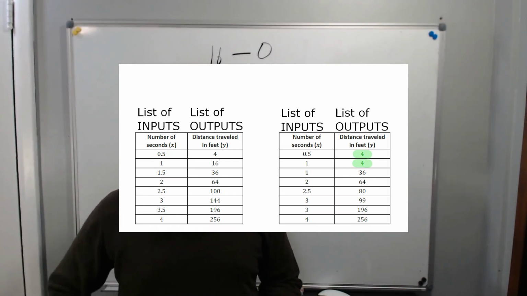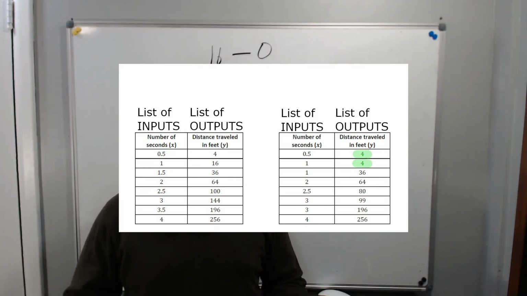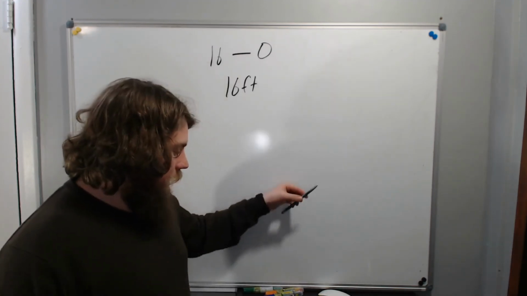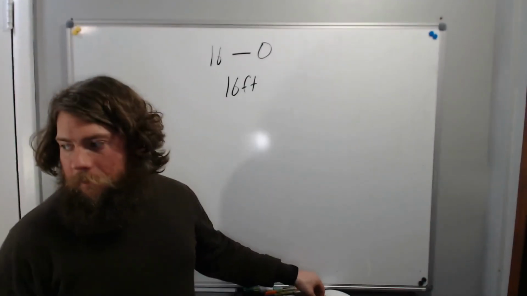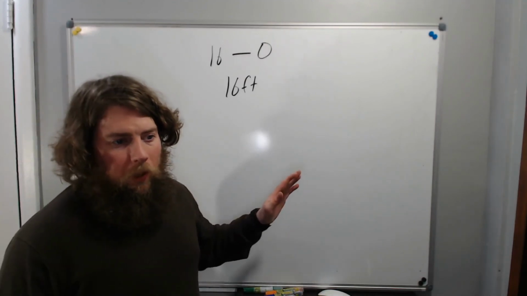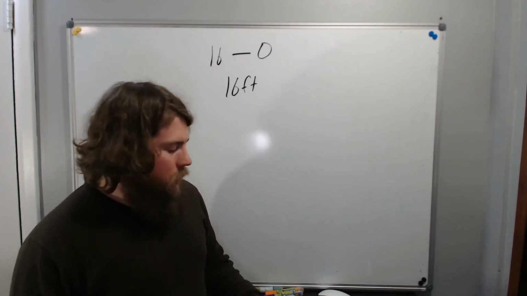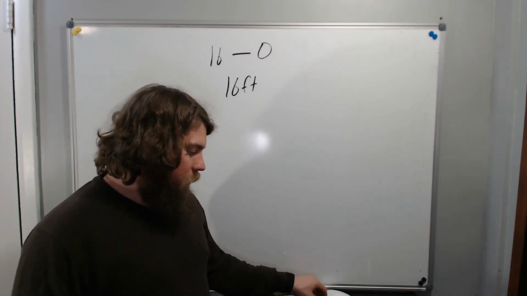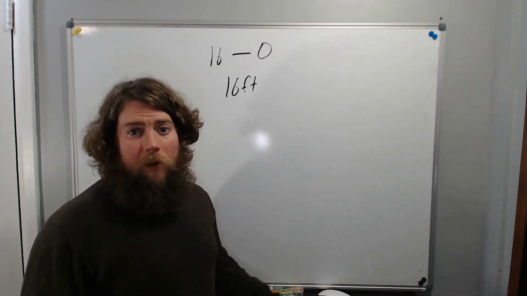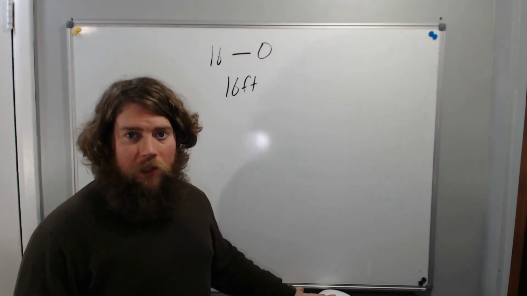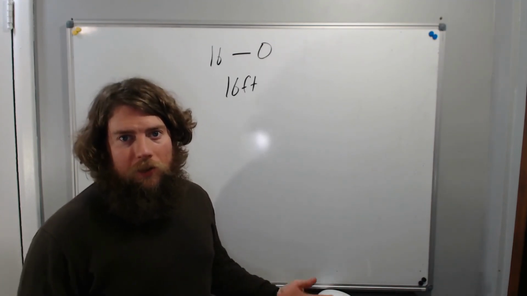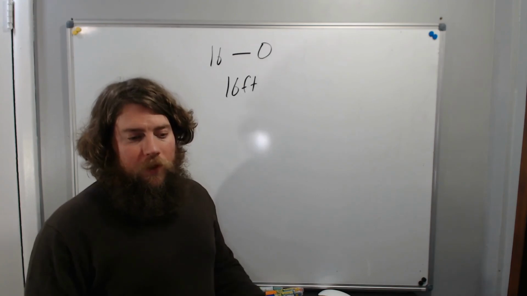Just like in the example from last time where we were dropping something. At 4 seconds, it hit the ground, but time still keeps going. So you could say that it has gone 256 feet at 4 seconds, but what about at 5 seconds? It's still sitting there on the ground, so it's still only gone 256 feet.